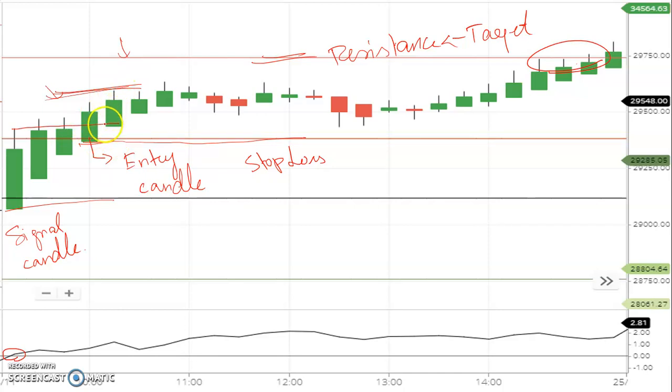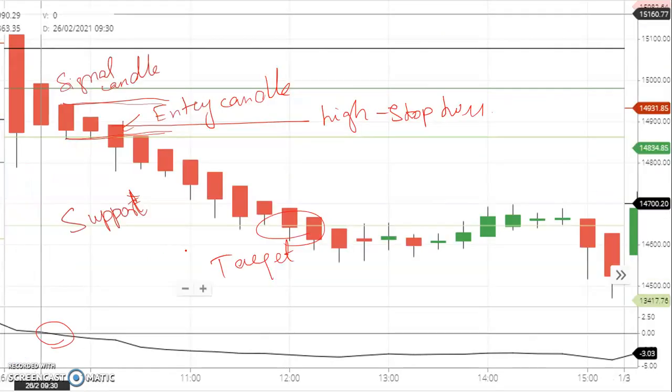In that case, the risk reward ratio will be either 1-to-1 or even less than 1-to-1. So it's better to avoid those kinds of setups. Similarly, in sell, if the support is near the entry candle, then try to avoid taking those trades.